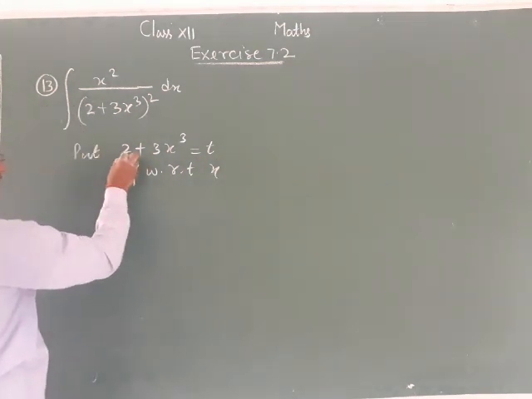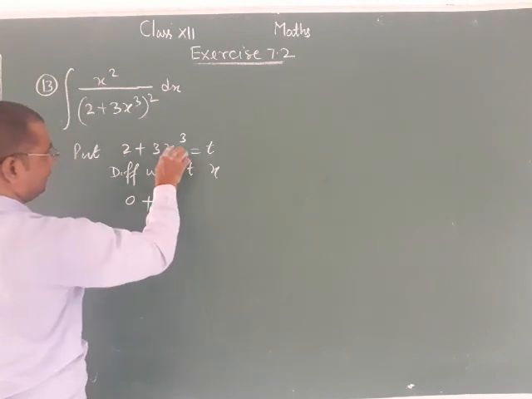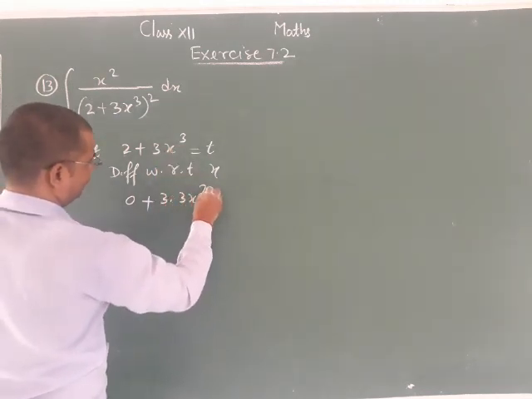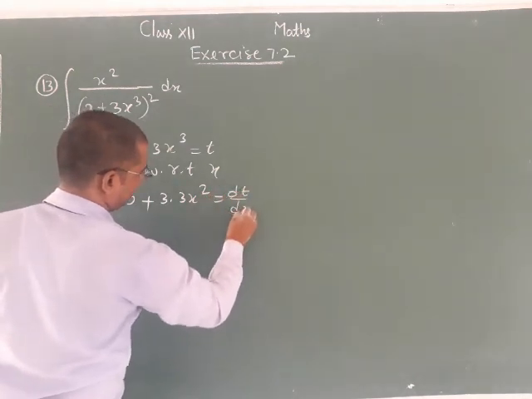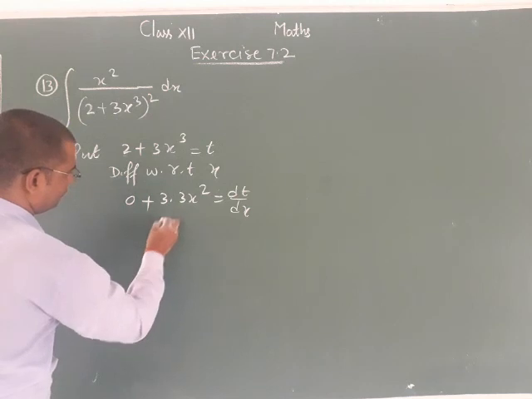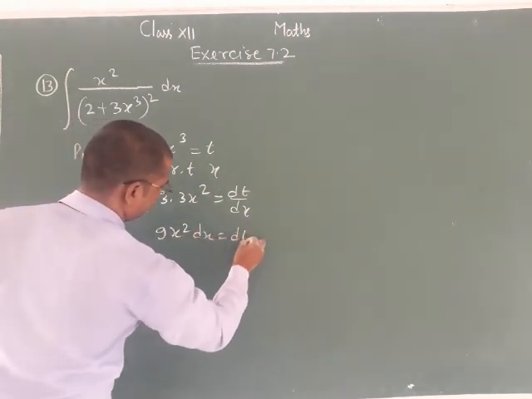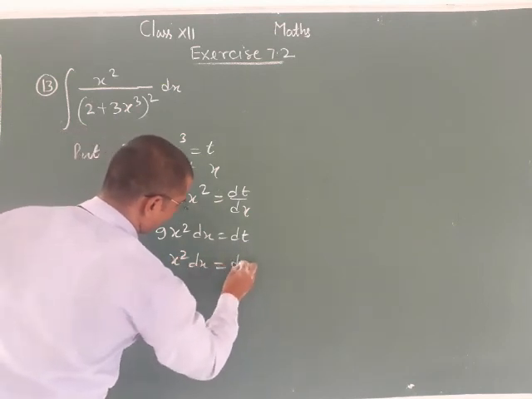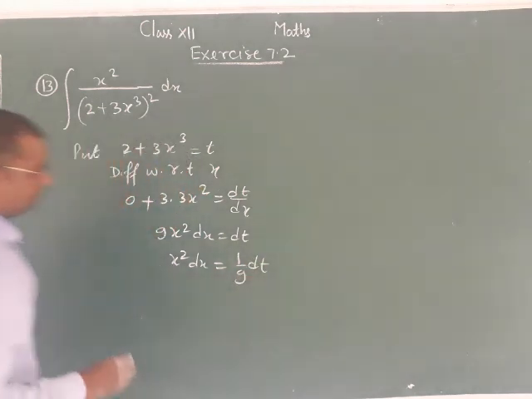So derivative of 2 is 0 and 3 times derivative of x^3 is 3x^2, equal to dt upon dx. And now 9x^2 dx is equal to dt. So x^2 dx is equal to 1/9 dt.